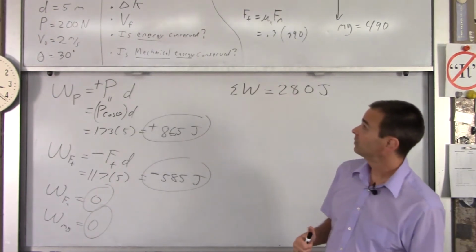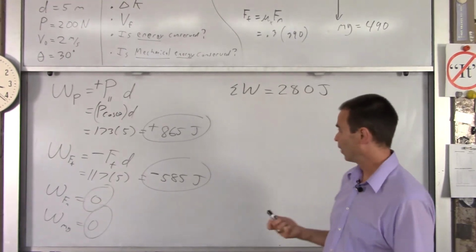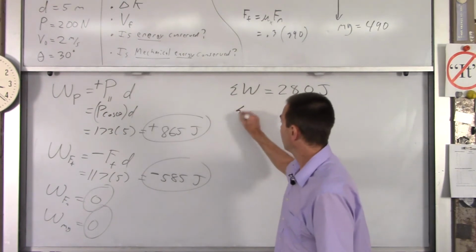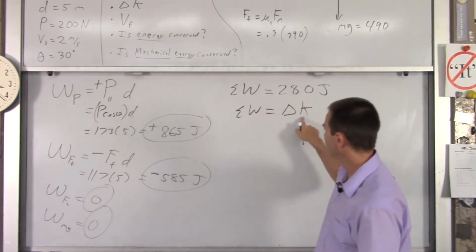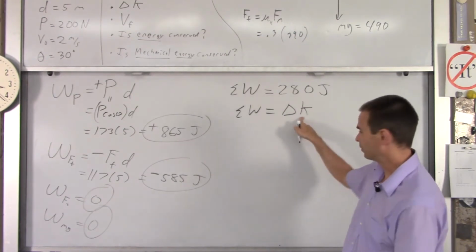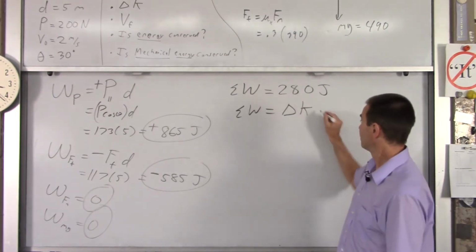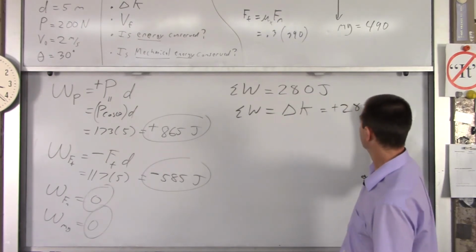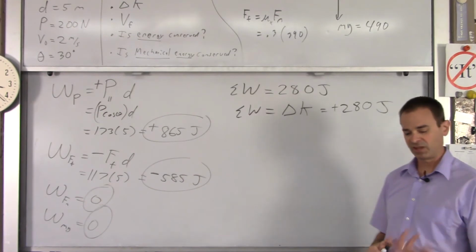Now, the next question we asked up there is, what's the change in kinetic energy? Net work is the change in kinetic energy. By the way, I'm just using a K for kinetic energy. Some of you might write KE, and that's absolutely fine. So that's equal to positive 280 joules. What does that tell us about the crate?